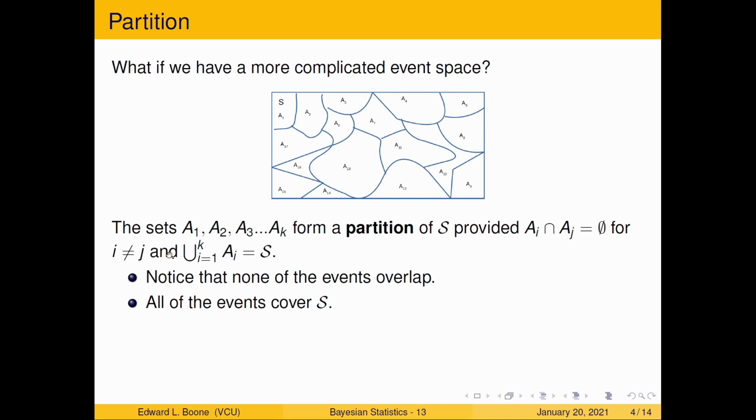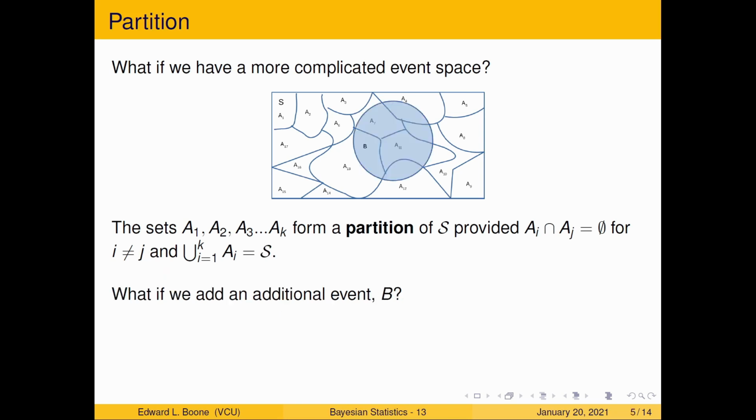What that also says is that if I union all of these sets together, I get the whole sample space. So here, none of the events overlap, and all of the events cover the sample space, meaning that no outcome would be left out.